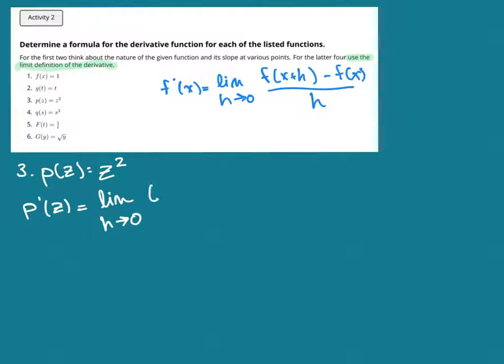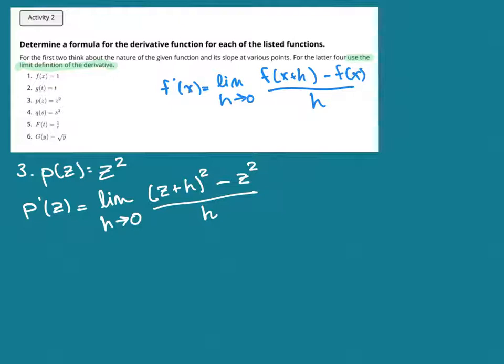All right, so z plus h squared minus z squared all over h. Does that seem correct? So that's our z plus h being plugged into our formula. That's just z being plugged into our formula all over h.